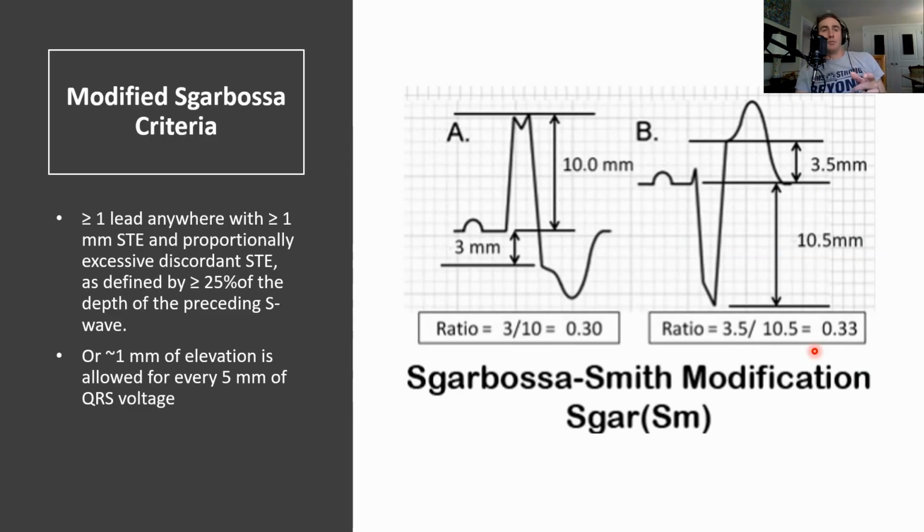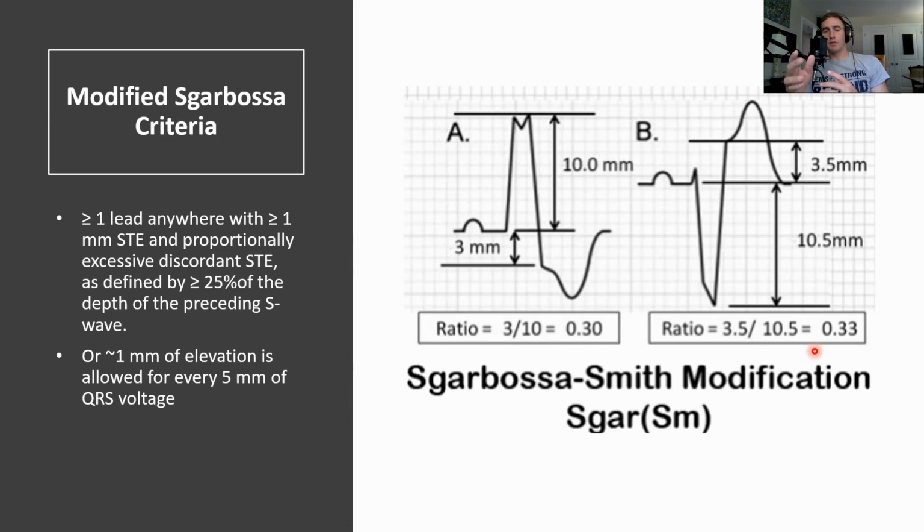Now, a few years ago, Dr. Smith came along and said that the EKG is proportional, and we talked about proportionality before. Dr. Smith's theory is that if you have a very small QRS, a negative QRS that's really, really small, you couldn't possibly have a lot of ST segment elevation because the EKG is proportional.